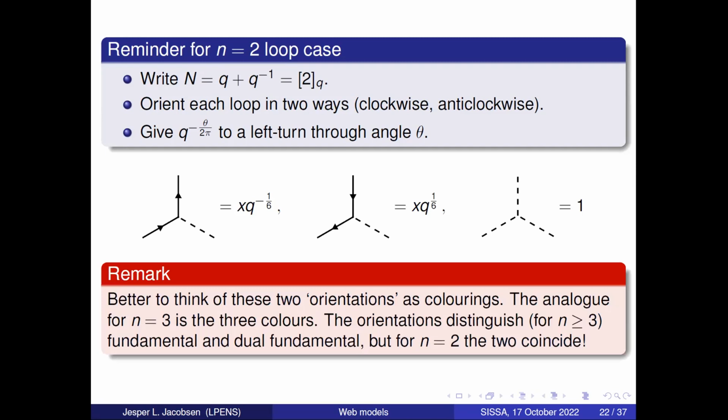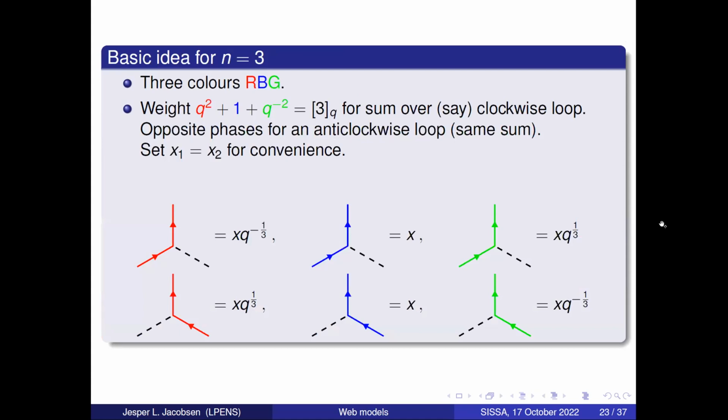Now, actually, in my web model, I already had orientations, and these are not the orientations that I would introduce here. So for those 2 orientations, it's actually better to think of them as having 2 colors instead of the 3 colors that I had before, so that you won't get confused. So the basic idea for n equals 3 then is to have these 3 colors.